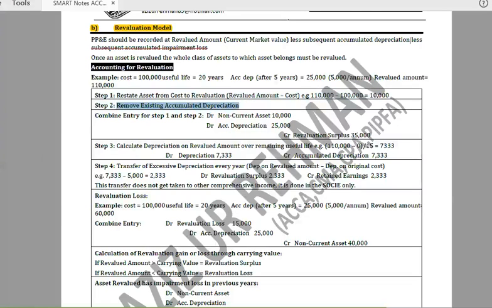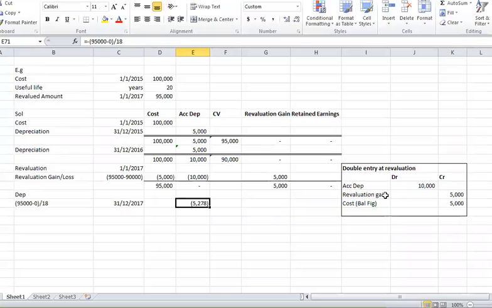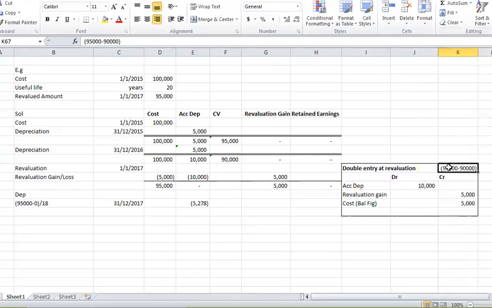So you can see over here, revaluation gain, you can see. First of all, we have calculated revaluation gain or loss.